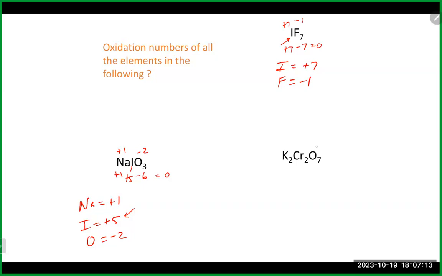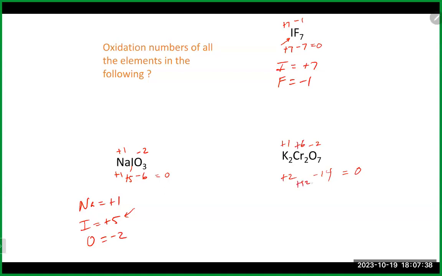Lastly here, we got a little potassium dichromate. That's a -2 for the oxygens, a -14. The potassium there is +1, and there's 2 of them, gives you a +2. Overall, we got a 0 again. In this case, though, there are actually 2 of the chromiums, which means each chromium is going to be a +6 in that case, right?